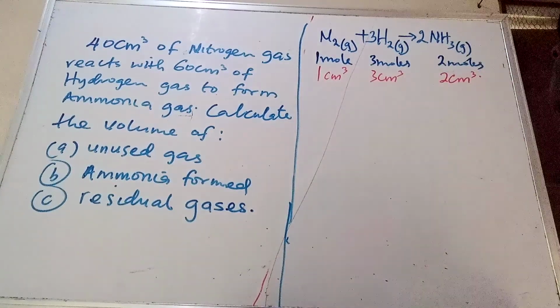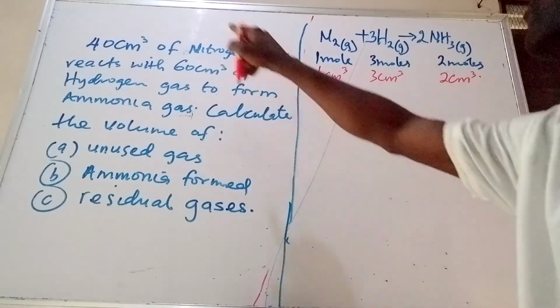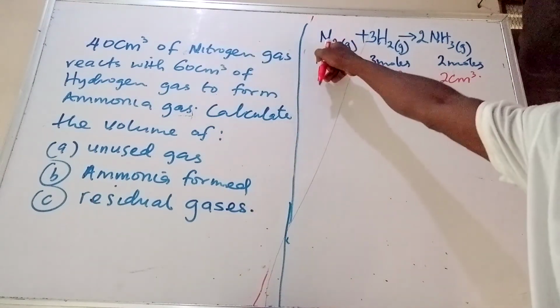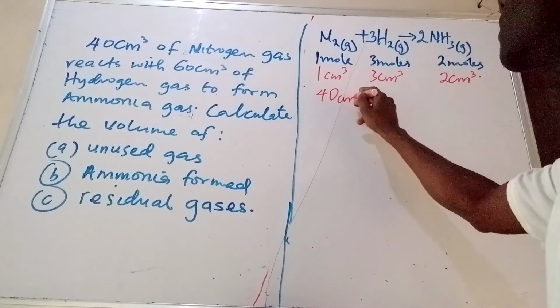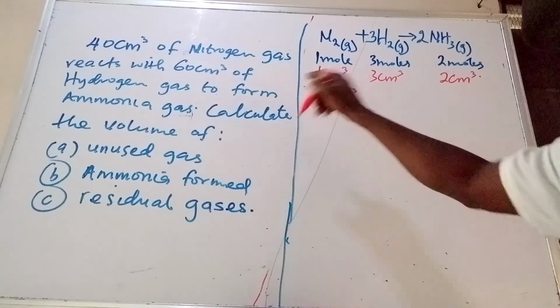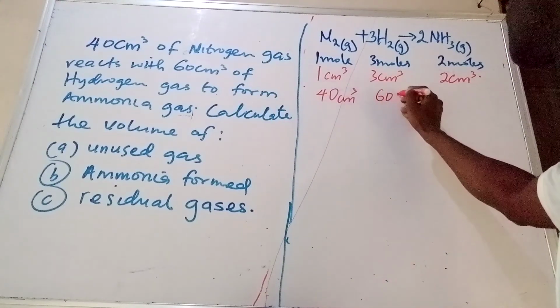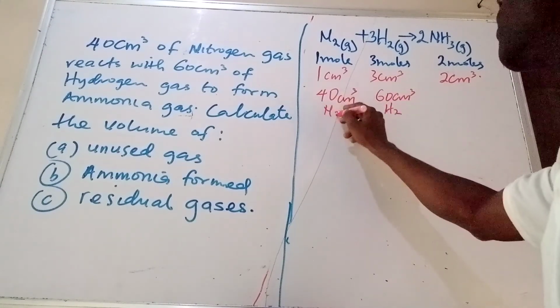Okay. But the information we are given here says that we have 40 cm cube of nitrogen gas. That means given. And we are given 60 cm cube of hydrogen gas. This for hydrogen, this for nitrogen.